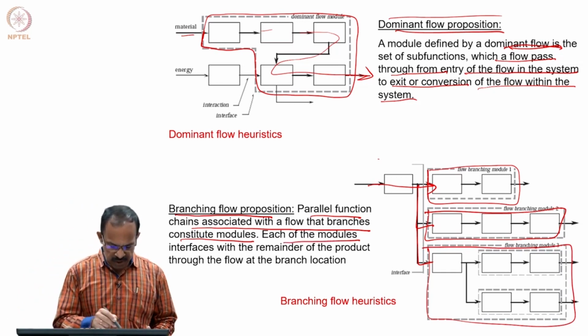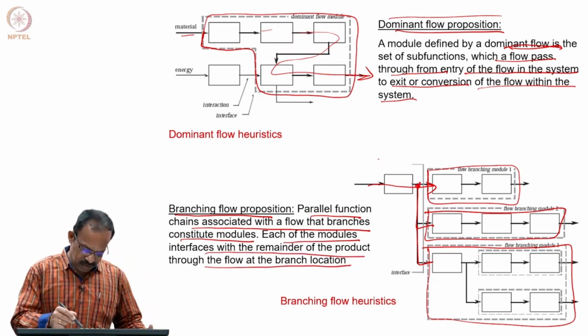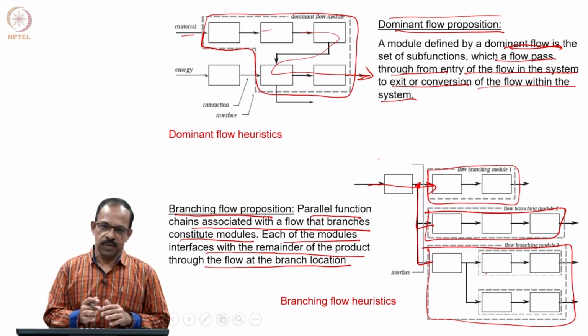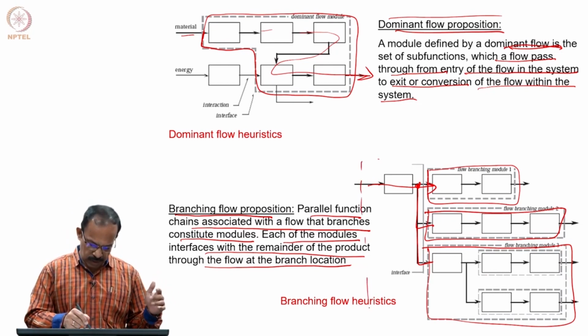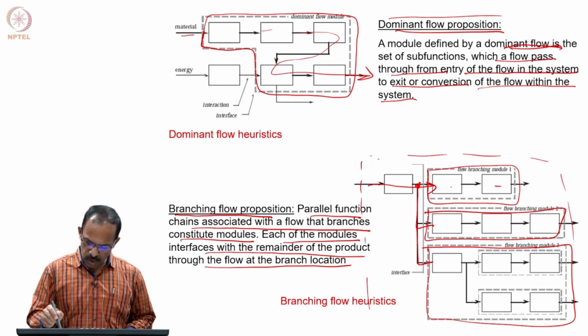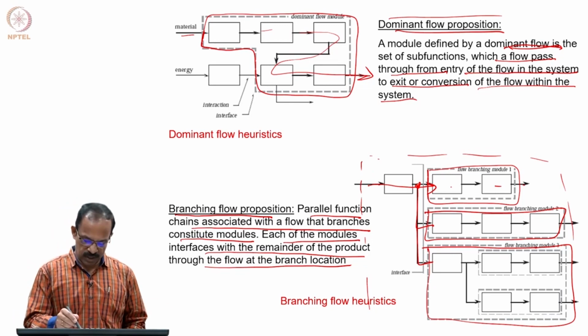Each of the modules interfaces with the remainder of the product through a flow at the branch location. So, this location will be the interface for these modules with the rest of the product. The outer box of the product may be somewhere here, but each module has a common interface with the rest of the product using this one.